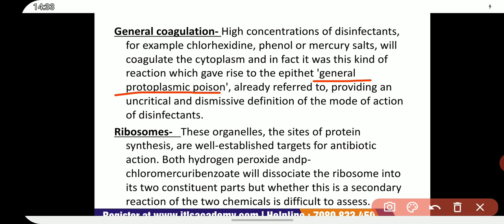It is already referred to as providing an uncritical and dismissive definition of the mode of action of disinfectants. There is little doubt, however, that the disinfectants in use in the 1930s had just this effect when applied at high concentrations.